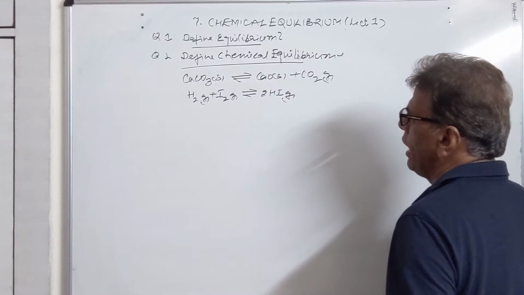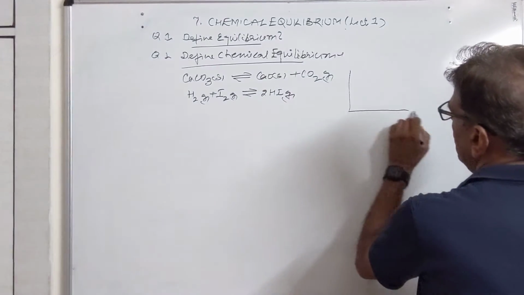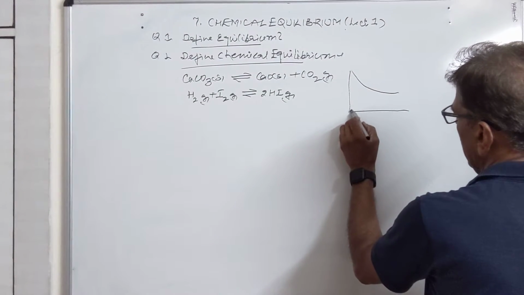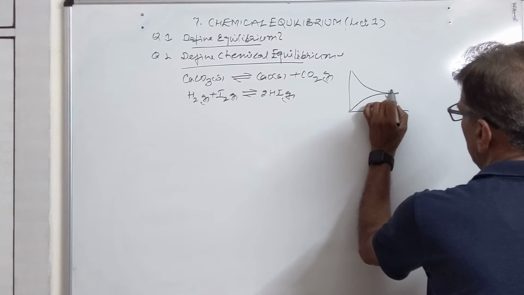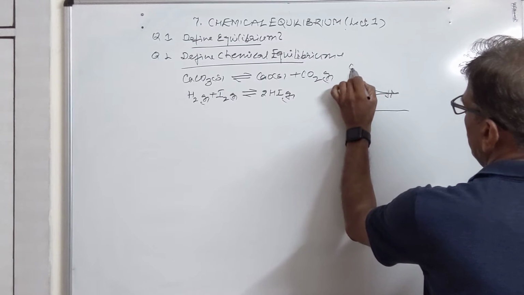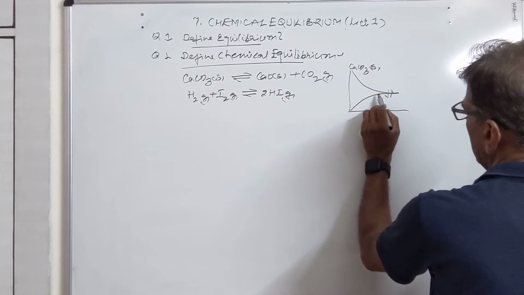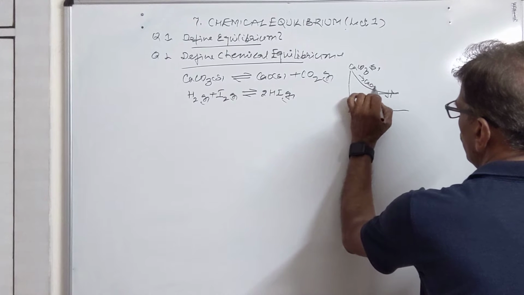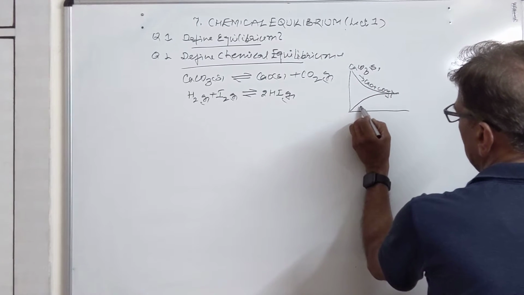Chemical equilibrium can be demonstrated graphically. Initially we have the reactants. With the passage of time the products are also forming. This is the point of equilibrium. Initially we had CaCO3 solid. When it starts decomposing into CaO plus CO2, they start reforming CaCO3.